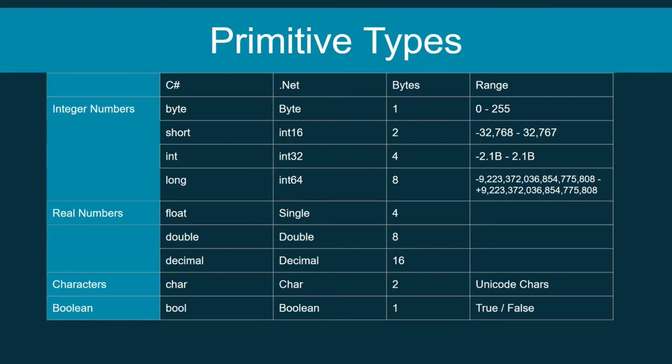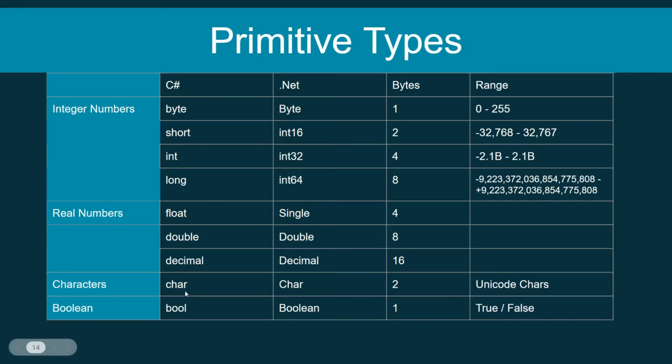Primitive types in C# and in .NET. As you see here, we have different data types. We have integer numbers or integral numbers, some people say, and we have real numbers, and we have characters and boolean. And for each type we have again different types. For integer we have byte, short, int, long, and for real number float, double, decimal.